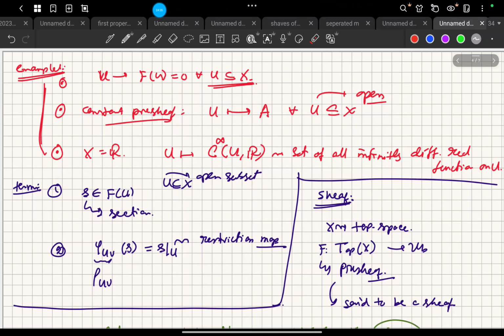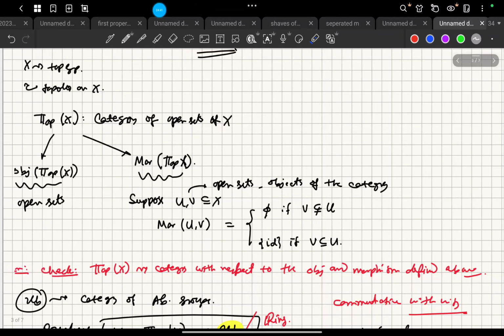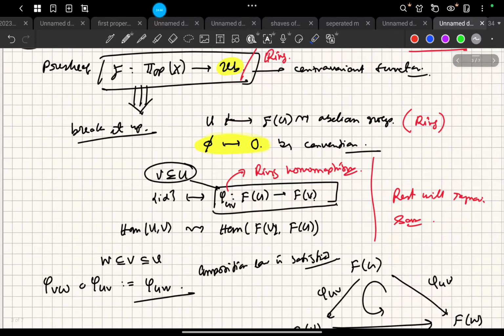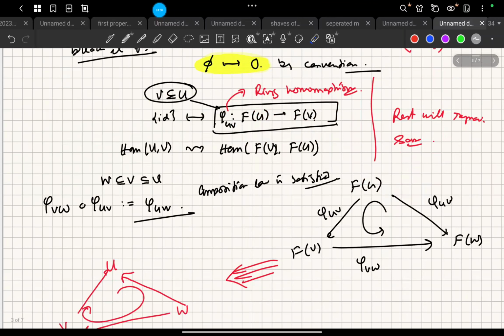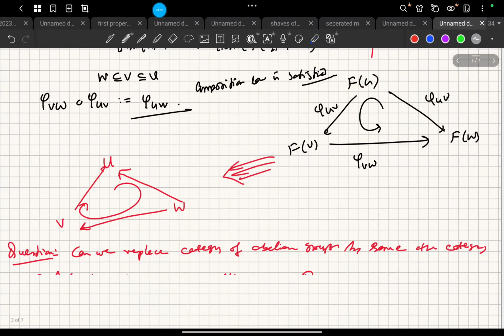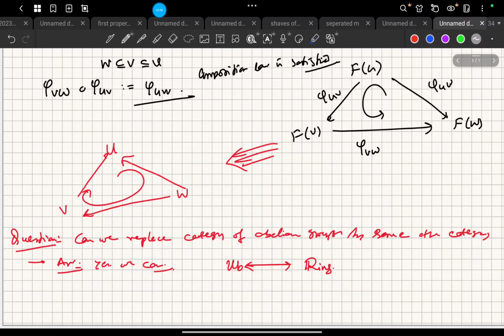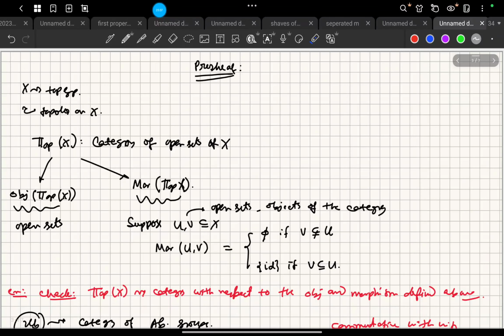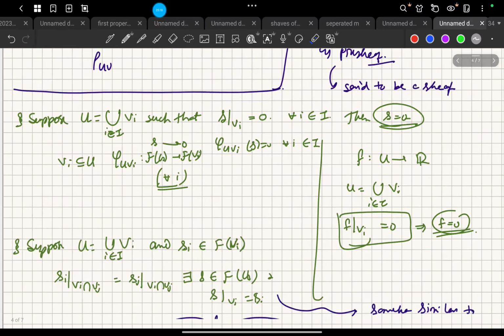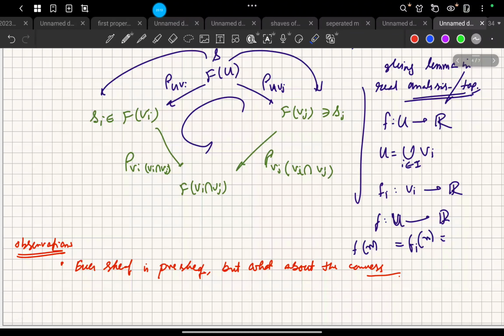Note that in a presheaf the conditions were very few and very flexible. For example, we just need to define a contravariant functor, but it did not imply that it should satisfy the gluing condition as well as the localization condition, that is, the 0 condition that I have written there. So can you give me an example? Anyway, it is not always true. So can we give some example?